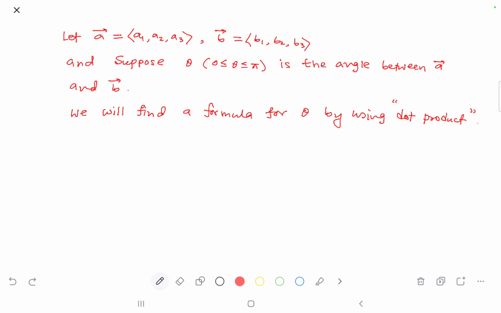Okay, now see how we do this. So see what we have been given. We have a vector here. So a vector may be in this place, and let's say the b vector is in this place.